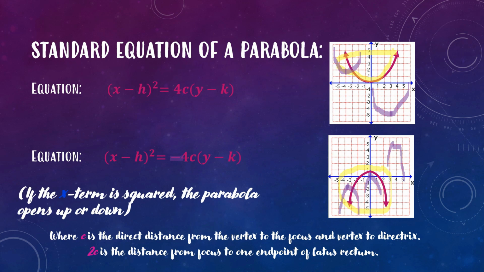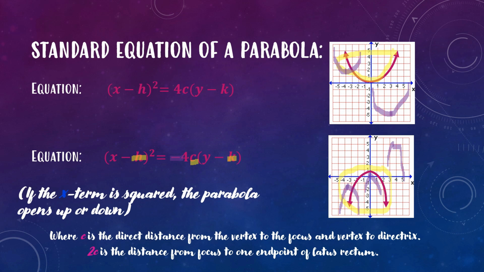Okay. As we said, h and k there are the coordinates of your vertex. And then, C is the distance from vertex to the focus and vertex to the directrix.